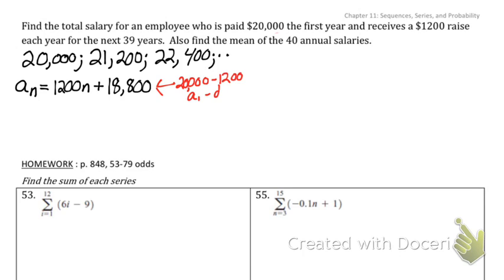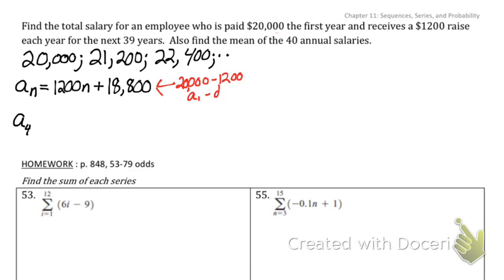Alright, it says that it wants us to find the mean after 40 years. So I need to find that 40th year. I need to know how much he's making on that 40th year. So all we're going to do is plug 40 in for that n.